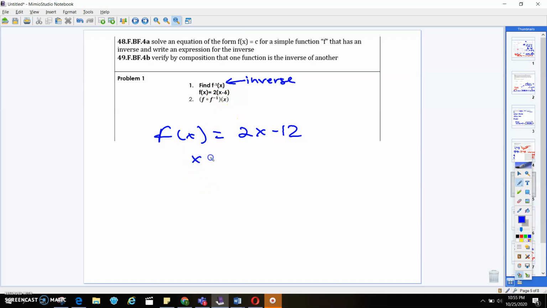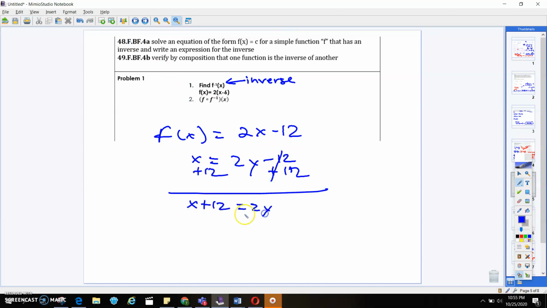And then we're going to switch our x and y, and then solve for our y. I don't know why I put 12 or 11. I'm going to add 12 to both sides. I'm going to divide by that 2. So that's going to give me 1/2 x plus 6. And that's our f to the negative first power.